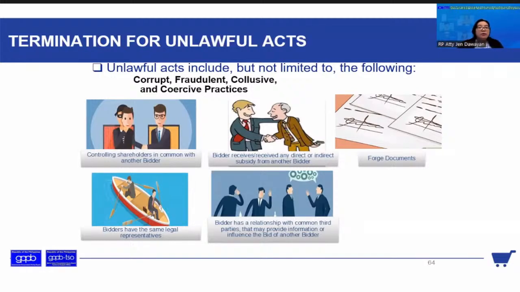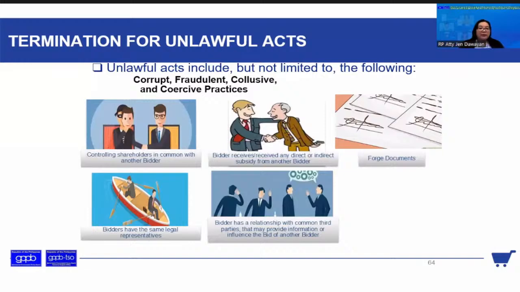And then the bidder receives any direct or indirect subsidy from another bidder. Forged documents are also a possible reason. Or they have the same legal representative. It is one of those red flags that you cannot determine right away.